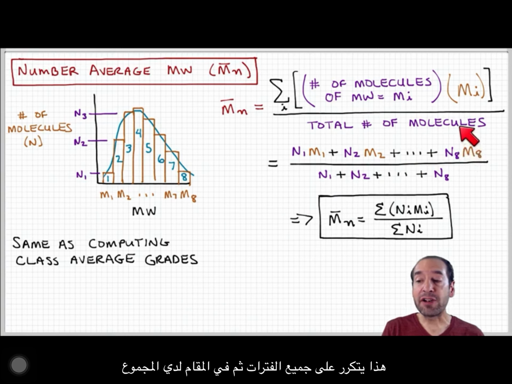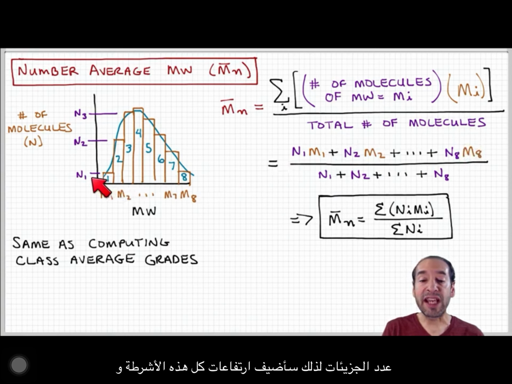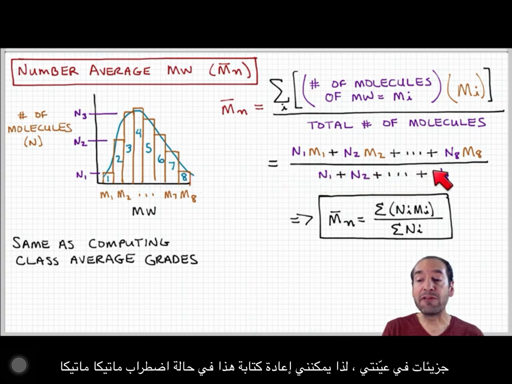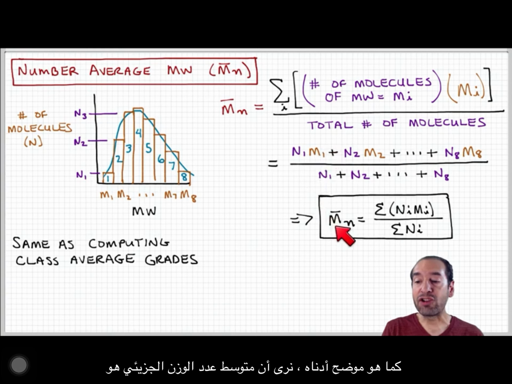Then in the denominator, I have the total number of molecules. So I'm going to add up the heights of all of these bars, N1 plus N2 plus N3 all the way up to N8. That gives me the total number of molecules in my sample. Then I can rewrite this into a more mathematical form as shown below.